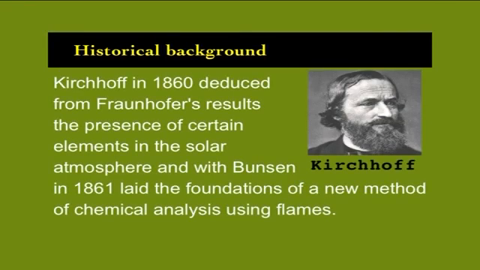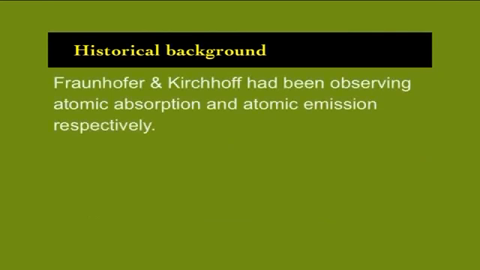Kirchhoff in 1860 deduced from Fraunhofer's results the presence of certain elements in the solar atmosphere, and with Bunsen in 1861 laid the foundations of a new method of chemical analysis using flames. Fraunhofer and Kirchhoff had been observing atomic absorption and atomic emission respectively.